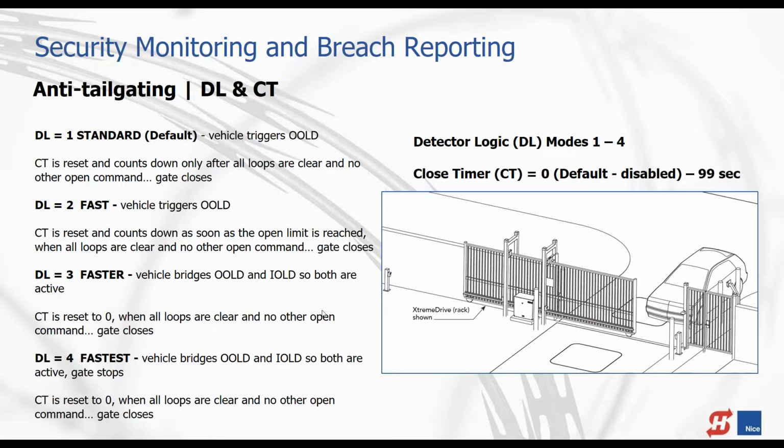So we're not waiting for the close timer to count down. It closes quicker. Then the final and fastest mode is where the car is bridging those outside and inside obstruction loops, and once that happens, the gate stops. So the gate doesn't have to fully get to its open limit, right? And then once the car passes the loops, the gate closes. So that's the fastest method, all right?